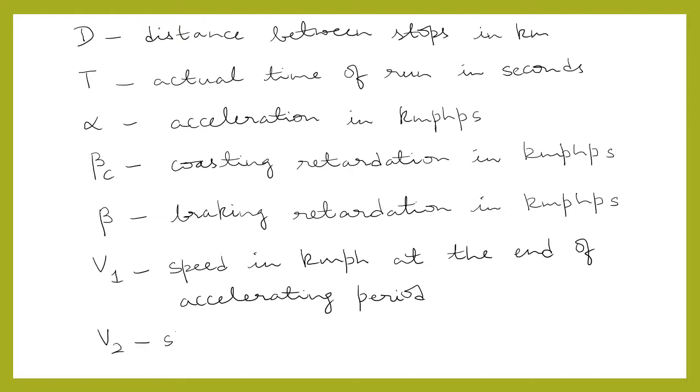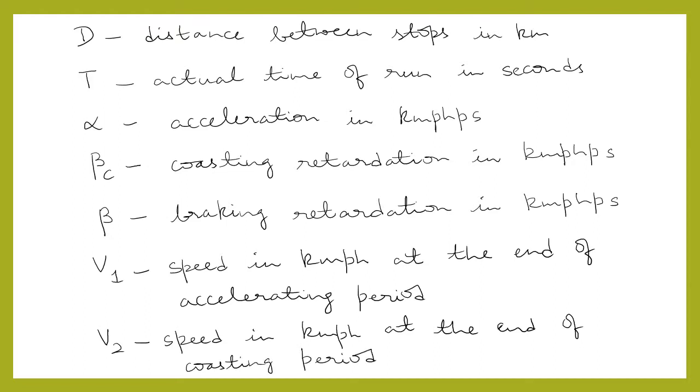V2 is the speed in kilometer per hour at the end of the coasting period. T1 is the time for acceleration in seconds.